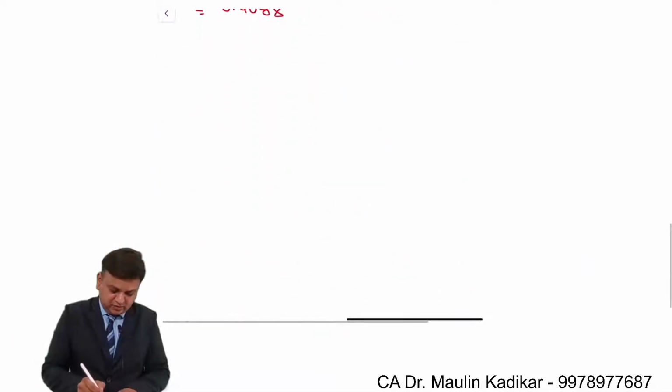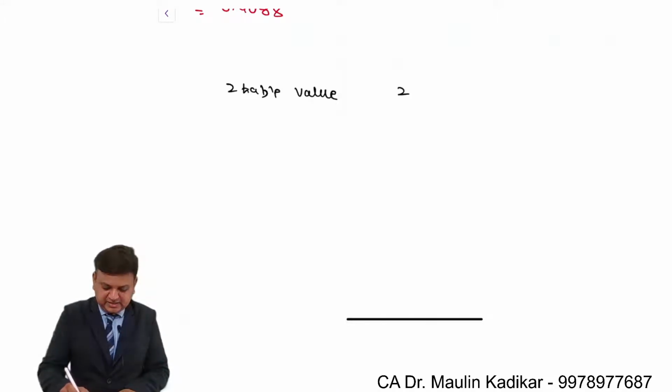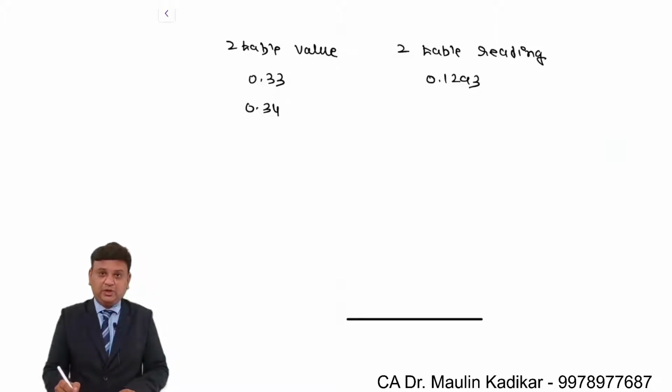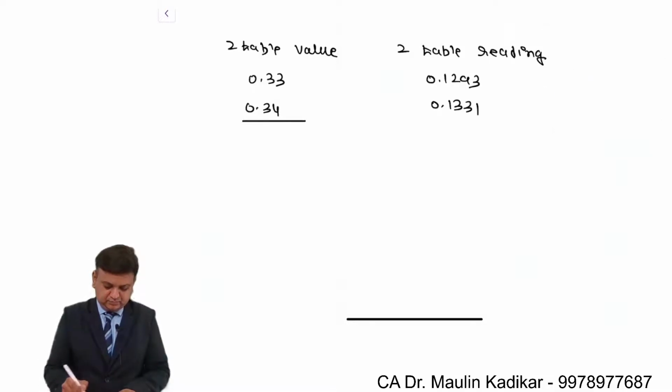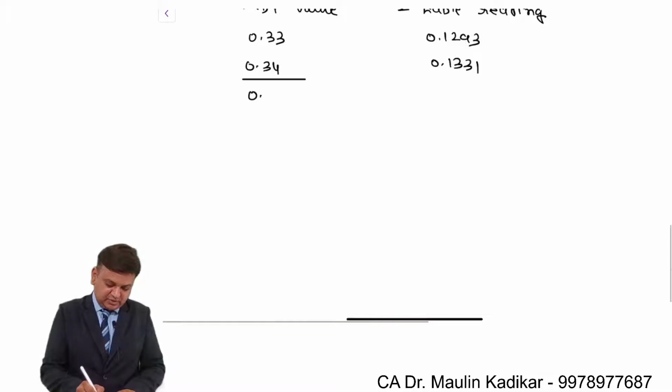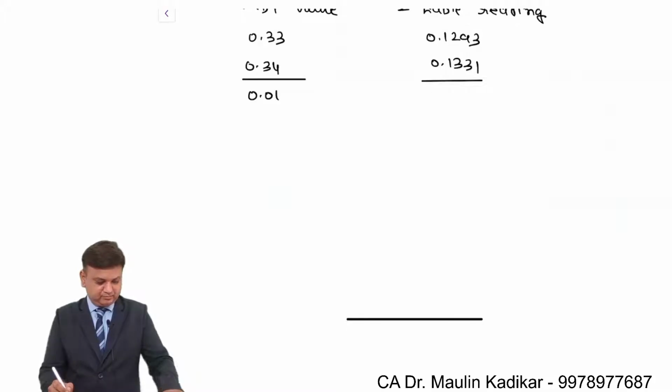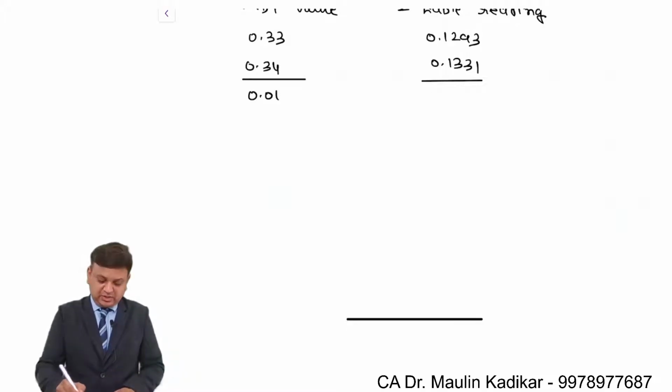Over here for 0.33, the Z table reading is 0.1293. For 0.34, it is 0.1331. Difference between both of them is 0.01. Difference between these two is 0.0038.